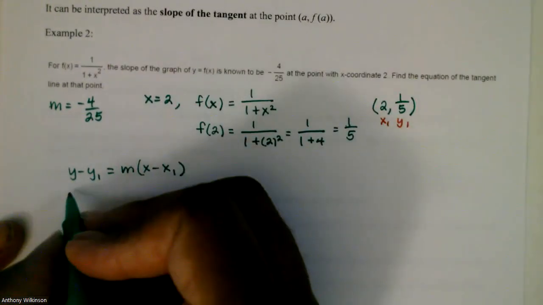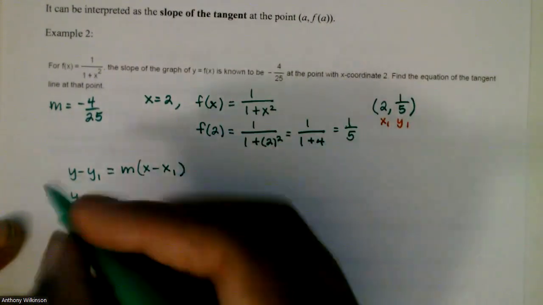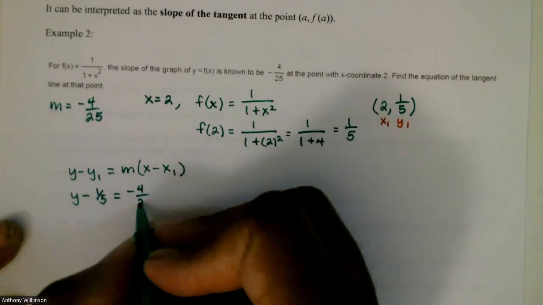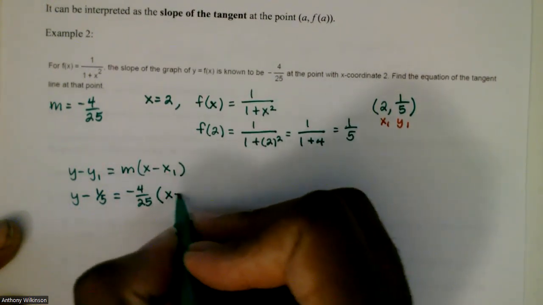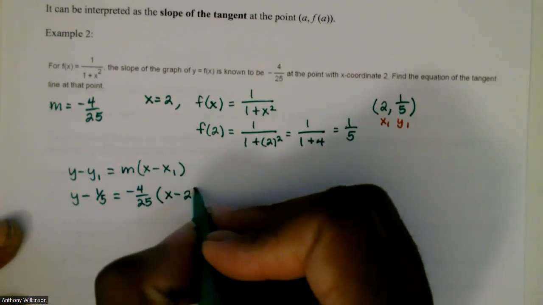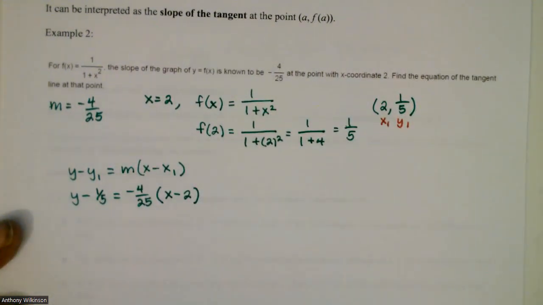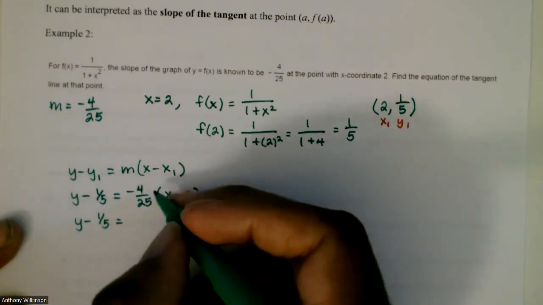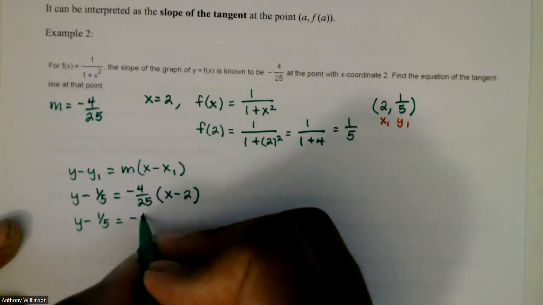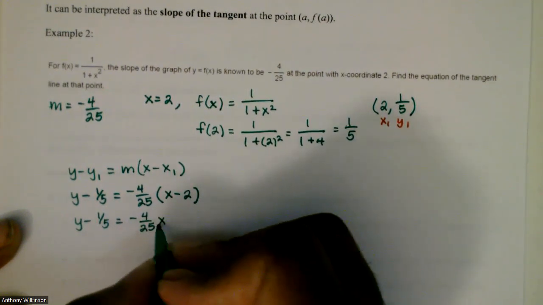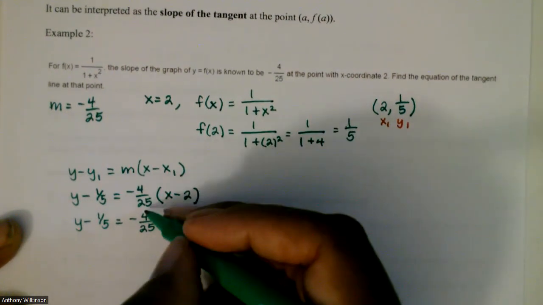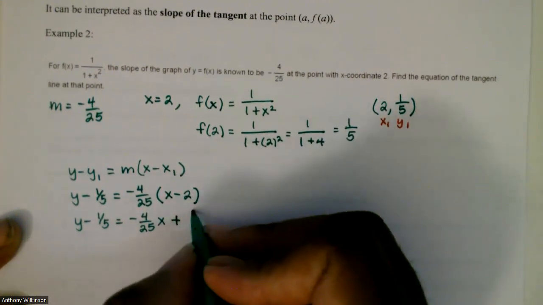So in this case, y minus 1/5 is equal to the slope m, negative 4/25, times the quantity x minus 2. And then we just simply distribute and get y by itself. So y minus 1/5 is equal to negative 4/25 x, minus times a minus will be a plus, by the way, 4/25 times 2 over 1 will be 8/25.